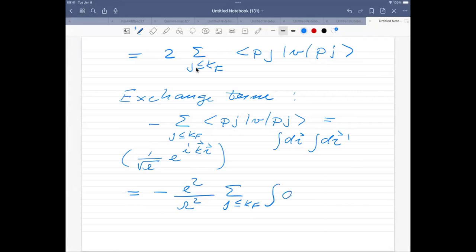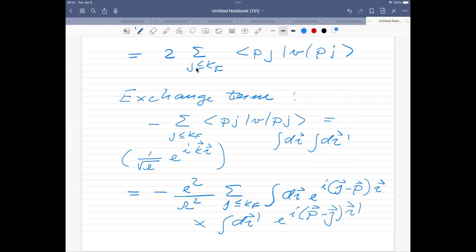And then I have d of r of e to the I, and then a momentum J, momentum P, that's J minus P multiplied with R. And I'm going to get a new integral over d of r prime. And then I have e of I P minus J of r prime divided by the Coulomb interaction of r minus r prime.